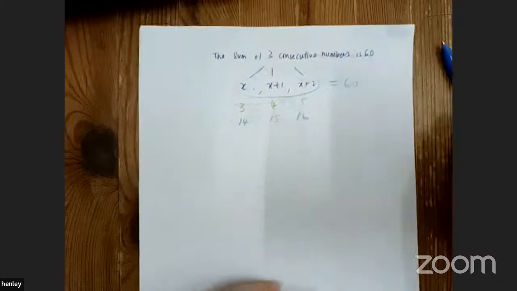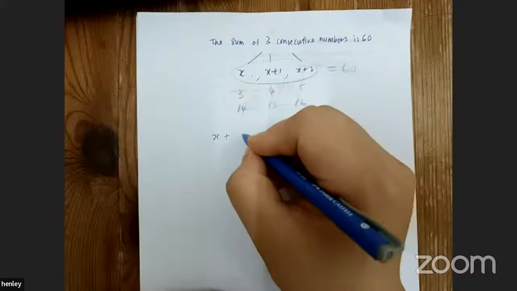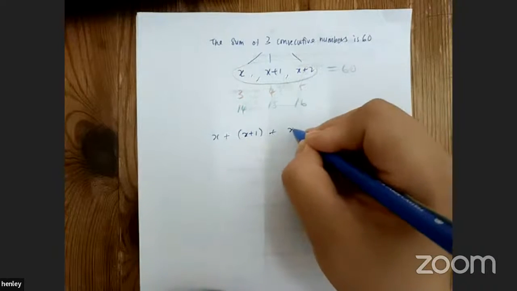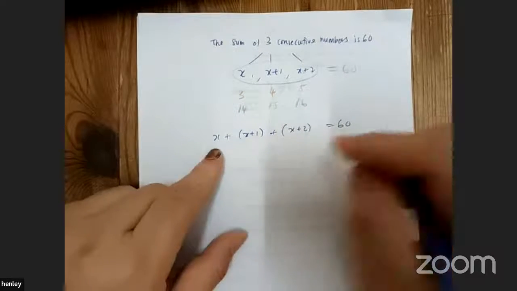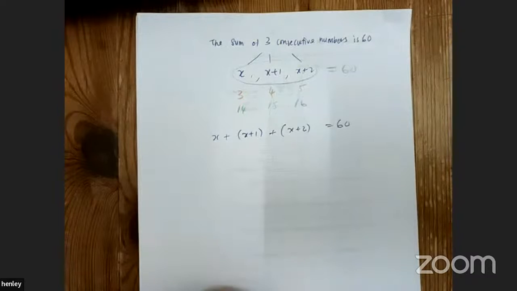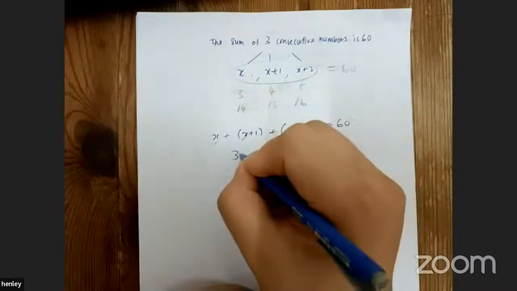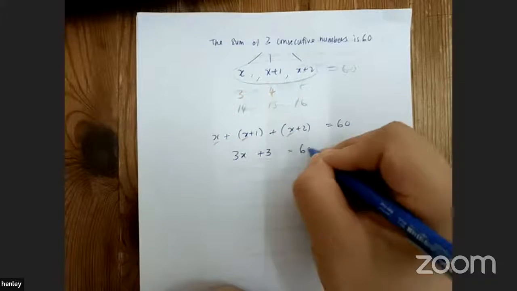So what can I do? I will do x plus x plus 1 plus x plus 2 equal to 60. The like terms I need to add together. So I have 3x, plus 1 plus 2 which is 3, equal to 60.